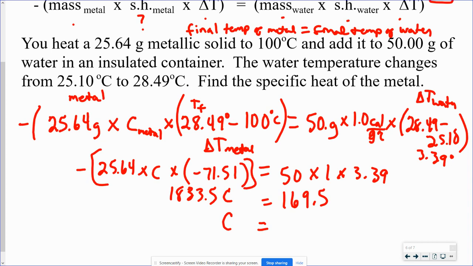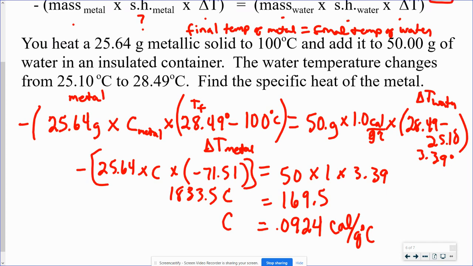I'll get 169.5 divided by 1833.5 equals 0.0924. And that will be calories per gram degree Celsius. Okay, that will be my specific heat of my metal in calories.